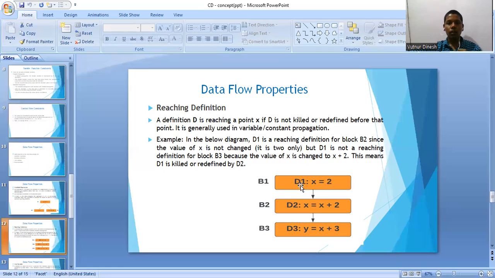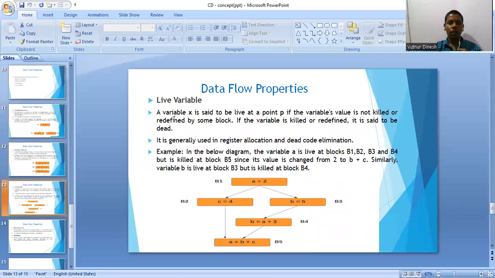Hence D1 is being killed by D2 because the value is changed for X. So D1 is a reaching definition for D2 and D1 is not a reaching definition for D3.